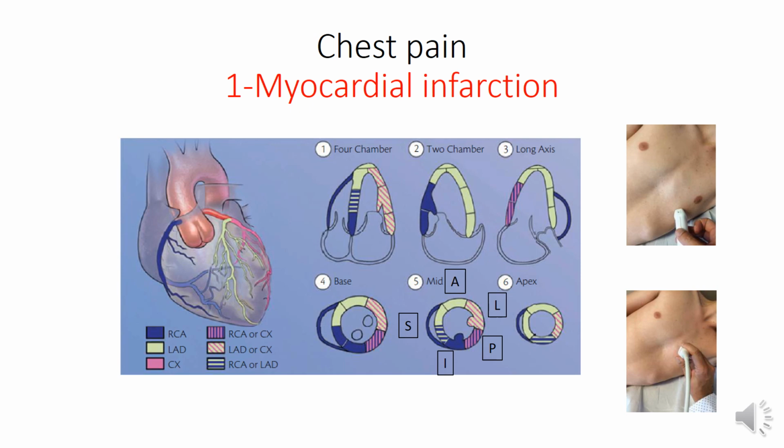Then we have this view, which is the parasternal short axis view. As we discussed before how to get this view, this is an important view where all the territories are represented.